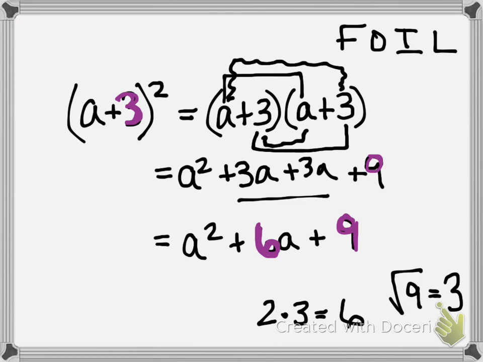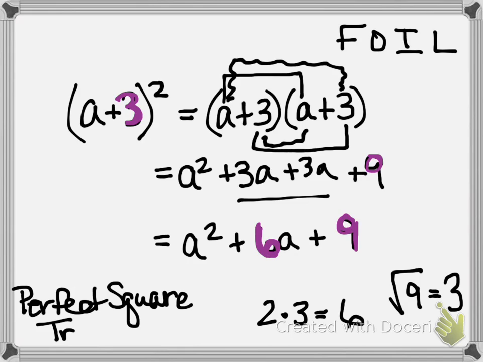This is called a perfect square trinomial, because when you factor it, it turns into a perfect square, which is what we started with.